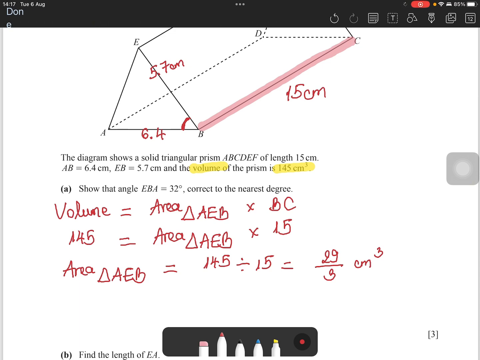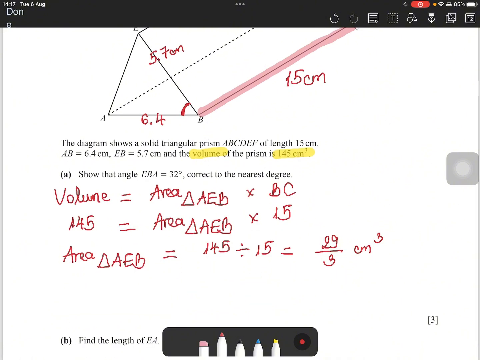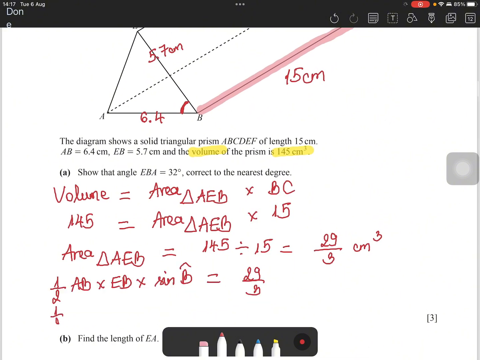And using trigonometry, you can find the area of the triangle AEB by the formula 1/2 AB times EB times sin of the angle B. This one is equal to 29/3. Then we substitute the value of AB. AB is 6.4. EB is 5.7. And sin B is what we want to find. It is 29/3 here.